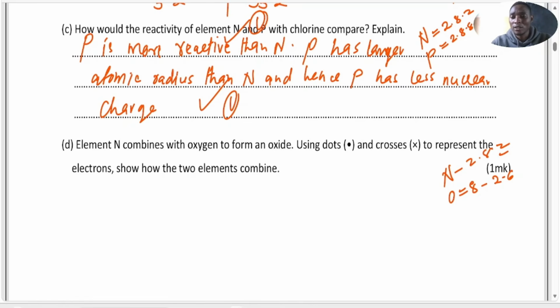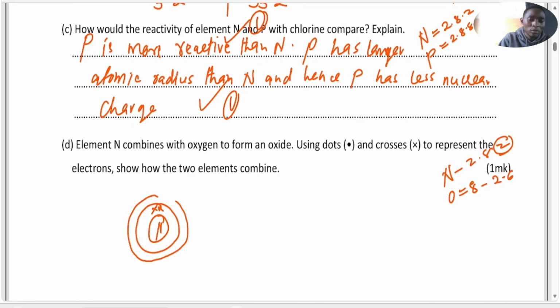So when we understand that, we need to have the ions of these particular atoms. So I begin with the metal, as I said before. For N, I'm going to have N with 2 dots, and use crosses to represent N, 2, 8.